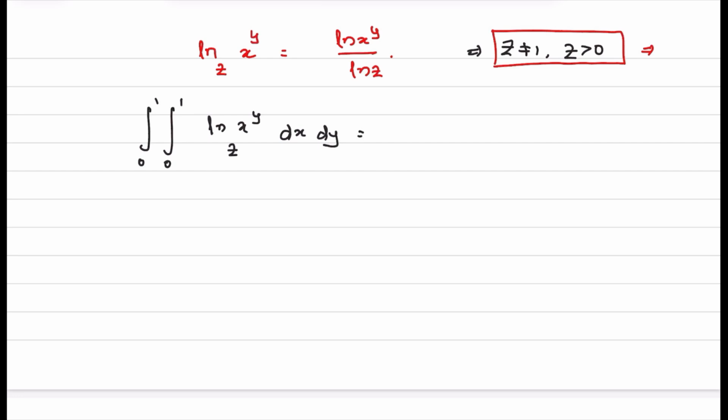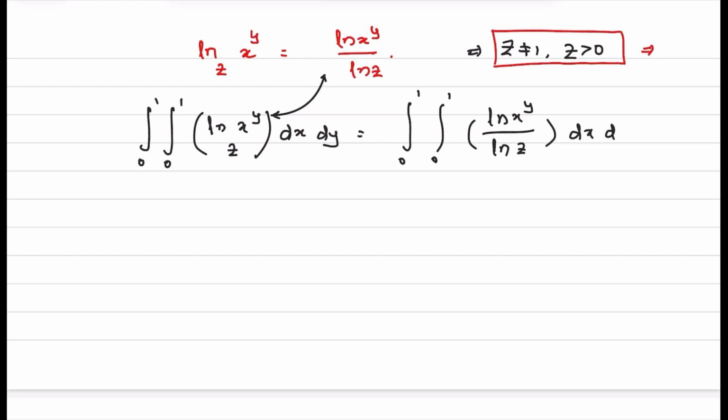This particular value can be written as follows. We are not changing anything here. Ln x to the power of y to the base z can be written as ln x to the power of y divided by ln z.